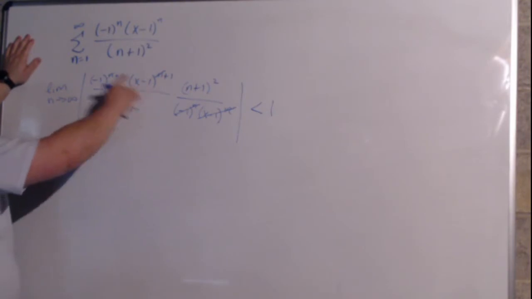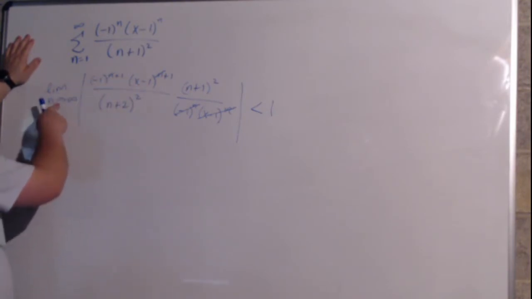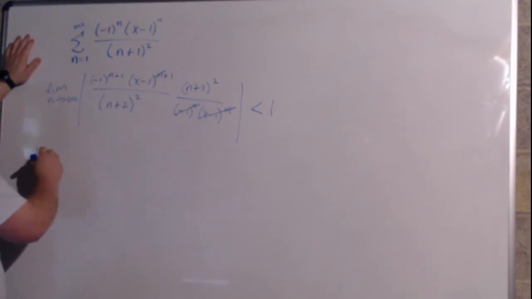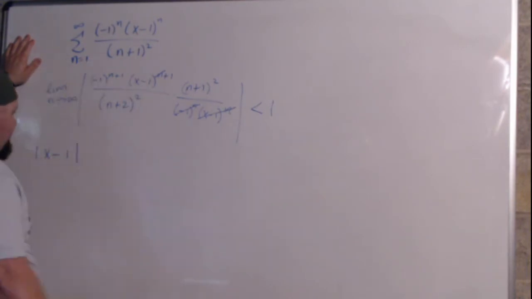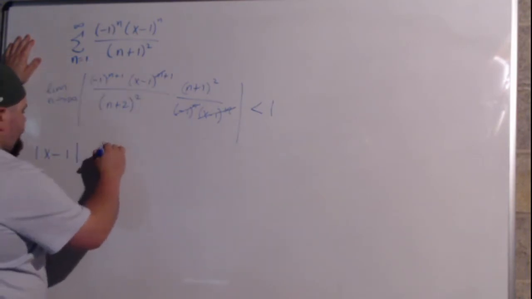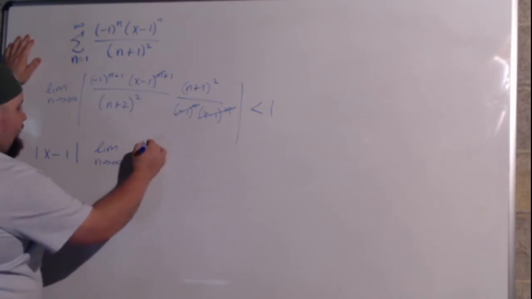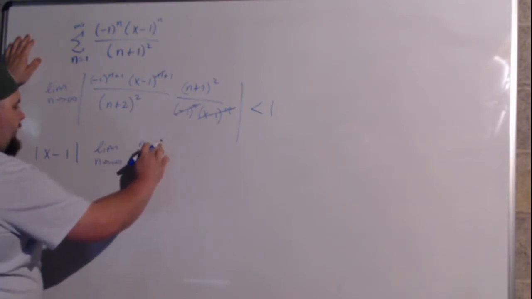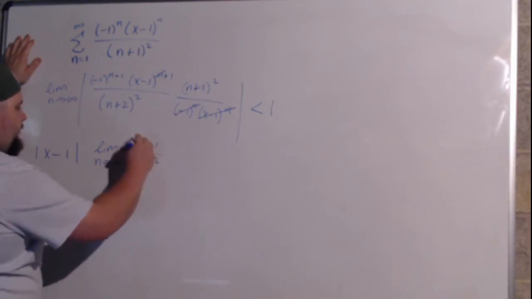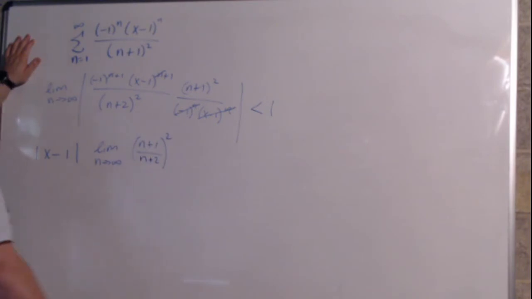That cannot come out of the absolute value, but it can come out in front of the limit. So I have the absolute value of x minus 1, and the limit as n approaches infinity of (n + 1) over (n + 2) quantity squared. They're both squared, so I can put them together.